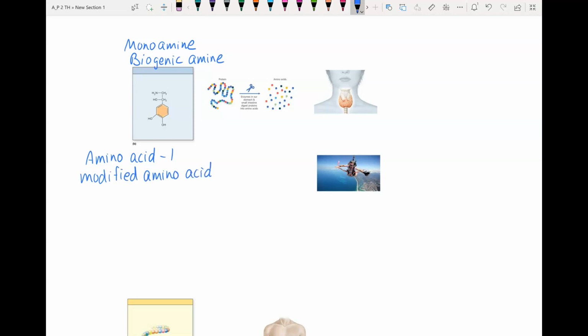So you get these hormones because you eat protein. And whenever you eat protein, you digest it into amino acids. And then you modify some of these amino acids to become your biogenic amine hormones.